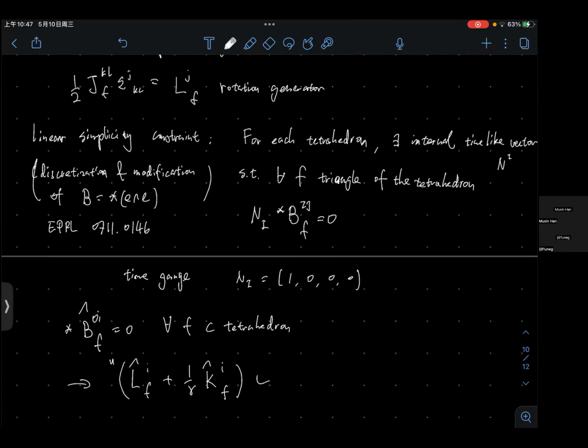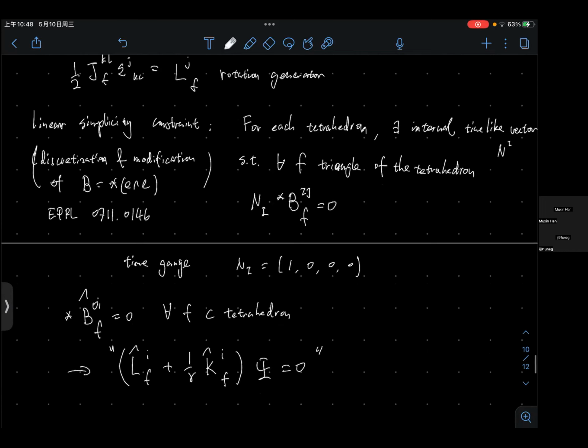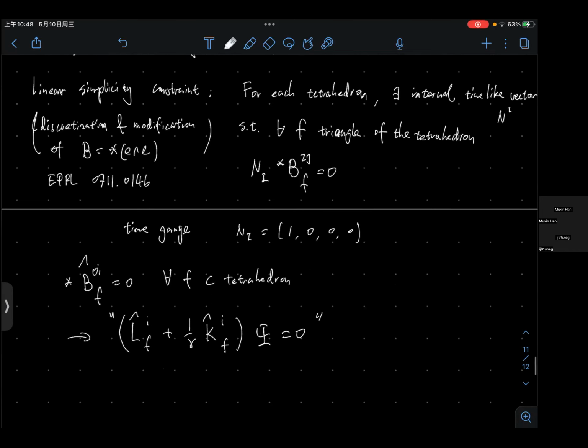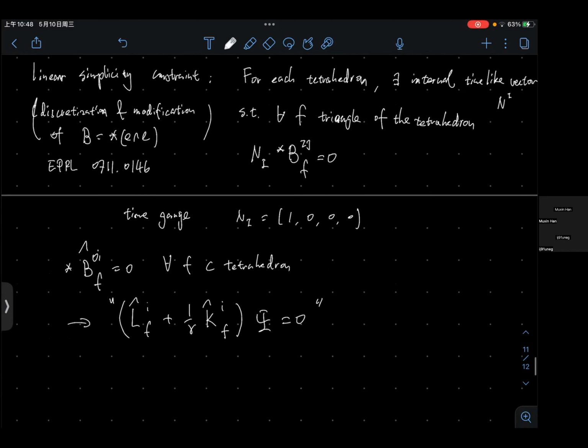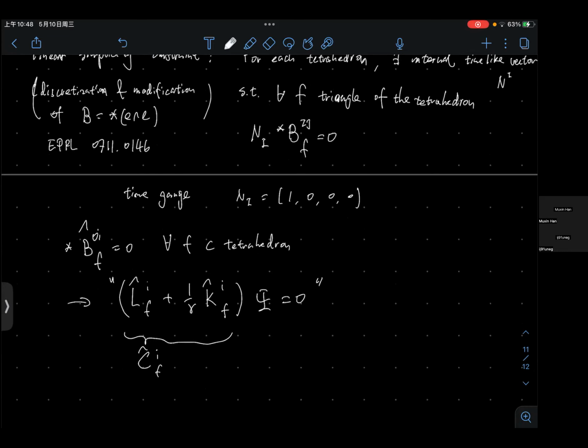This operator acting on the state psi should equal 0. So this is, let's say, the quantum constraint equation coming from the simplicity constraint. It comes from quantizing the B field as a linear combination of right invariant vector fields, and then setting the 0i components to be 0. Basically it says L plus 1 over gamma K equals 0. This constraint operator I will just denote by C_f^i. Let's call this operator the simplicity constraint, or linear simplicity constraint operator.